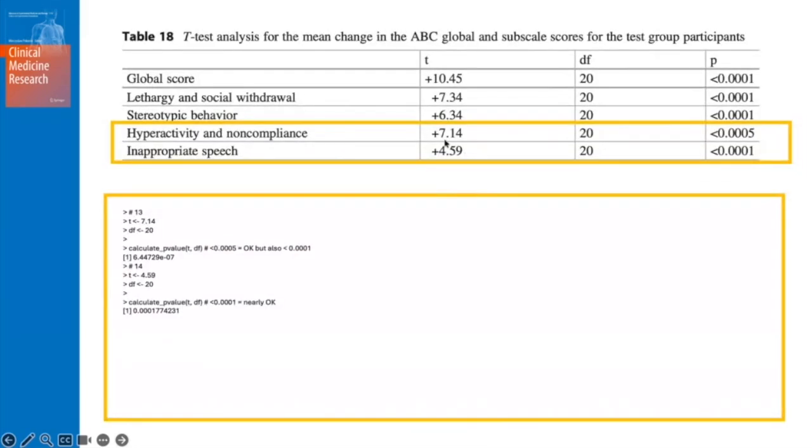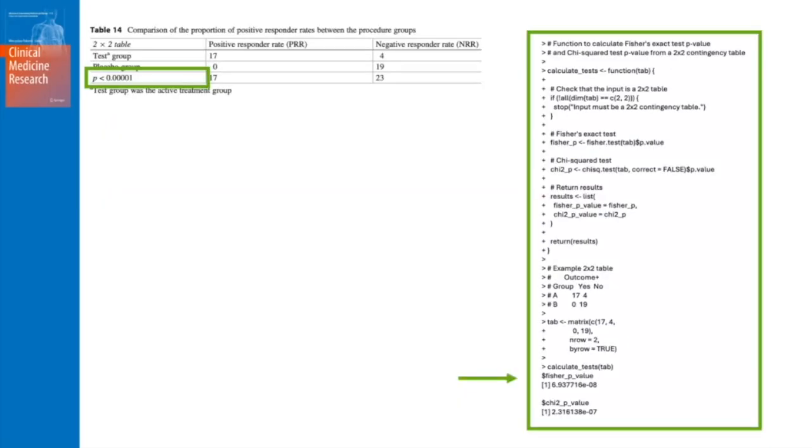But I have exactly the same thing with 0.005 and 0.01, because here it was also below 0.001, and here it was still a little above the value. So again, a minor inconsistency.